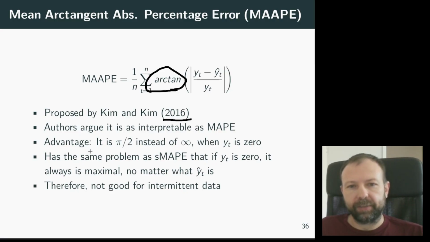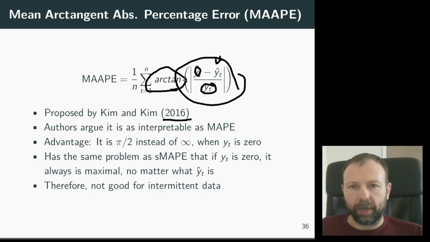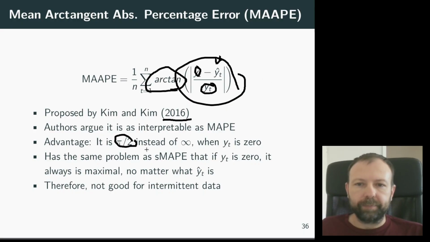Another advantage is that it is pi-half instead of infinite when yt is 0. But it has the same problem as sMAPE, that if yt is 0, it is always maximal no matter what yt hat is. That's because if yt is 0, you have 0 here, 0 here, some number, doesn't matter what, so the whole thing is infinite, and the arctangent of infinity is then this pi-half. Therefore it is also not good for intermittent data, same as sMAPE.